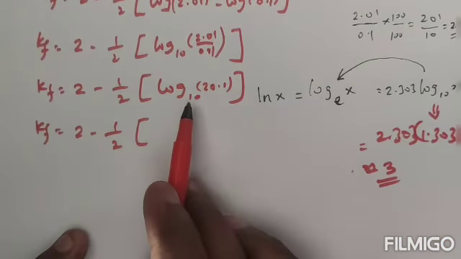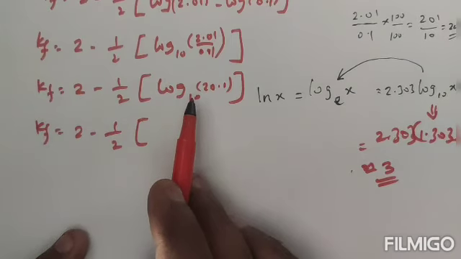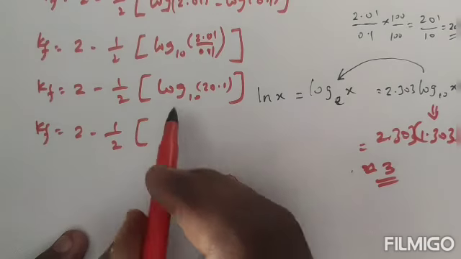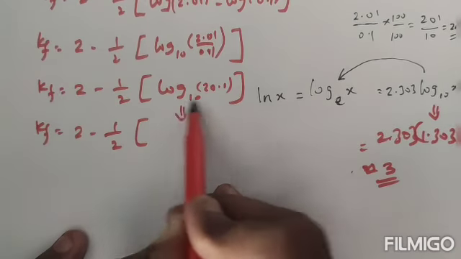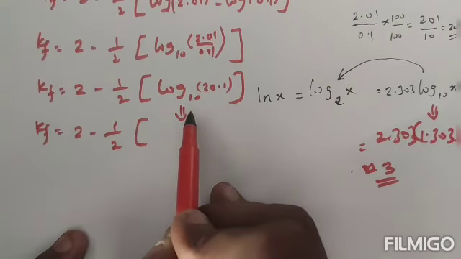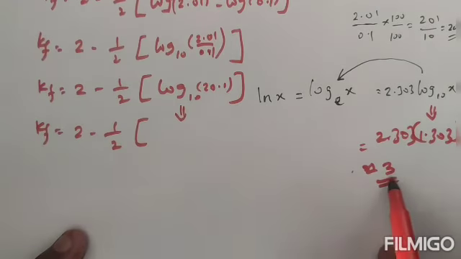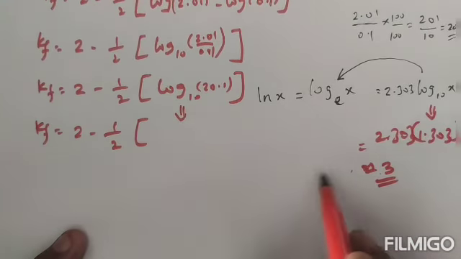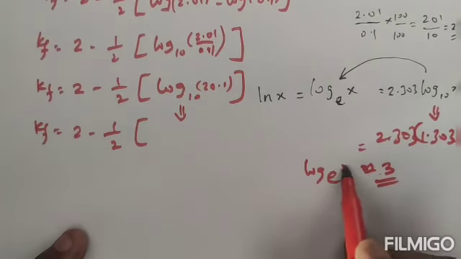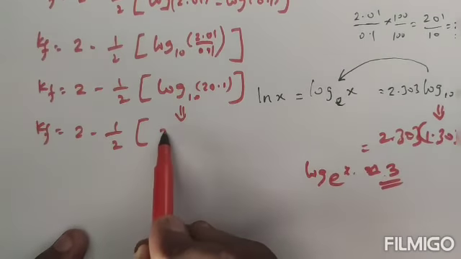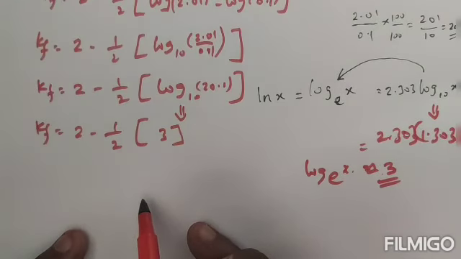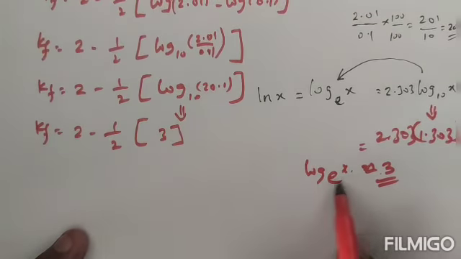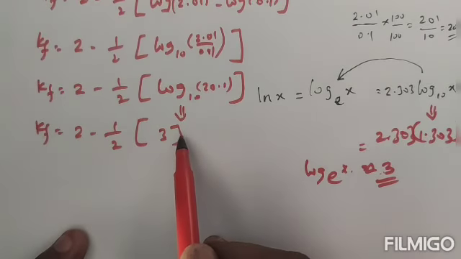So this log base 10 we can convert into log e power x. After the steps I can write log e power x is equal to 3. So log base 10 converted into log e power x, we get 3.